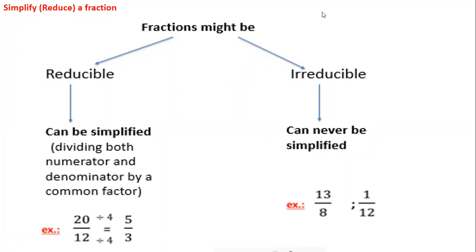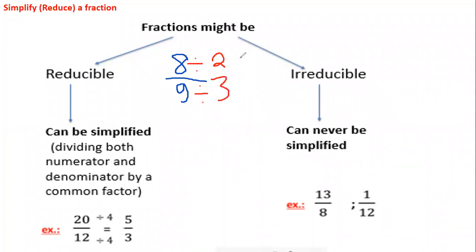For example, if I gave you the fraction 8/9, and I asked you to reduce this fraction, we cannot say we can divide 8 by 2 and we can divide 9 by 3.